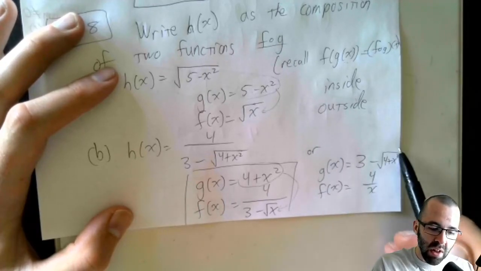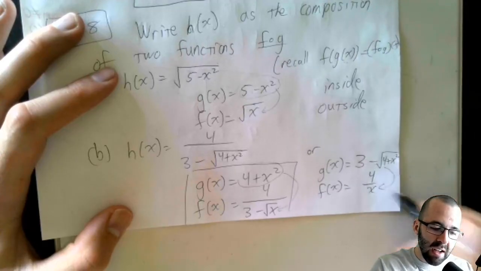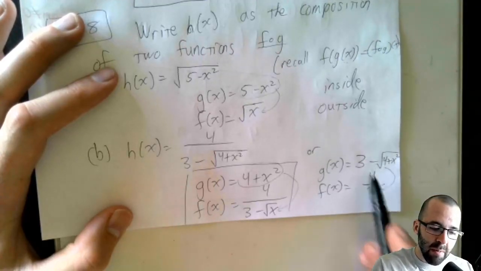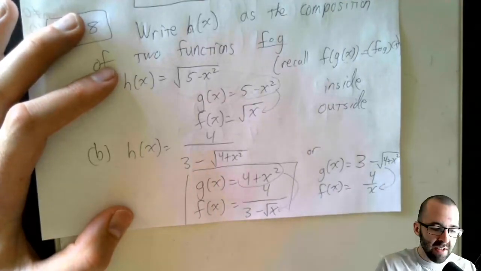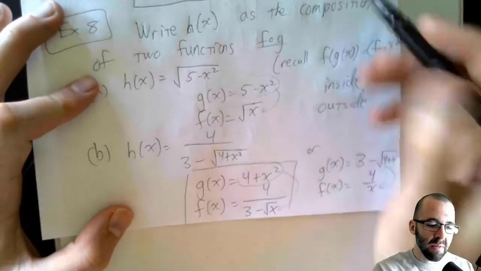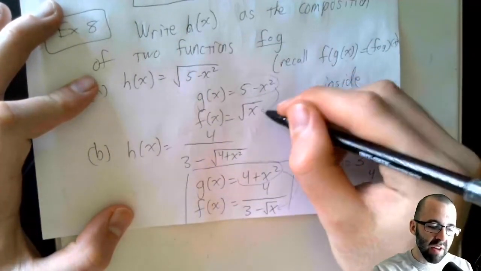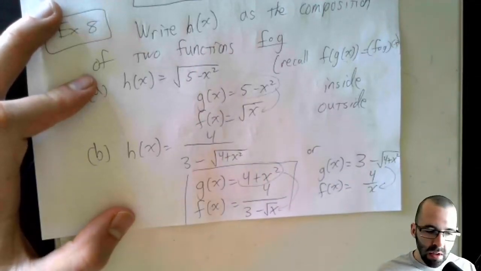Because again, when you plug the inside into the outside, you get 4 divided by 3 minus that square root, which is what we wanted. So there's a lot of answers for this. The important thing is if you do something like example 8, just check your answer and plug your outside function into your inside function and make sure that you get the same thing.